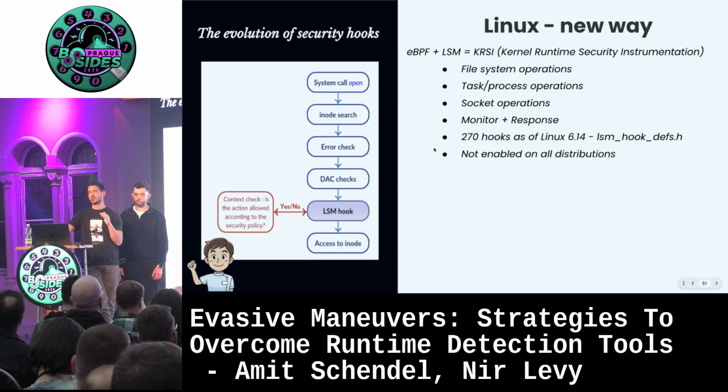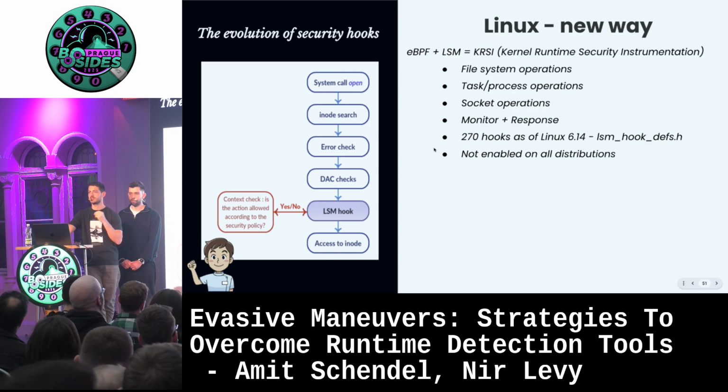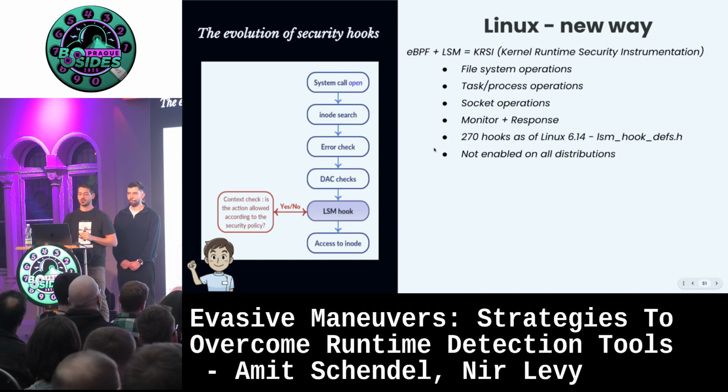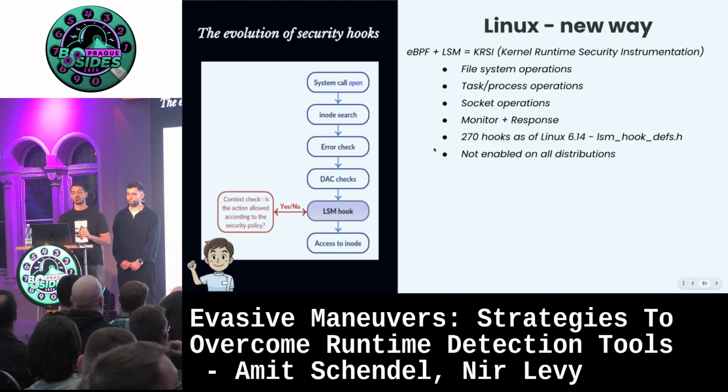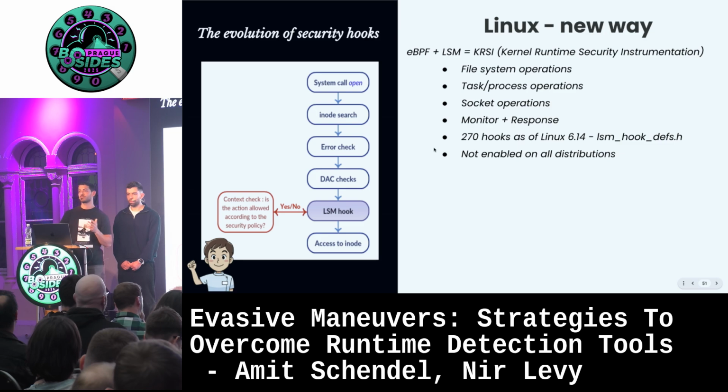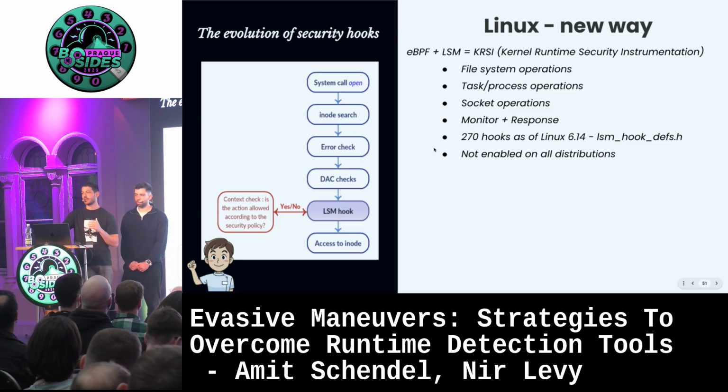So I think the most important thing is that vendors need to understand that placing hooks is not a universal solution, right? We need to actually see what are the vulnerabilities in those hooks. And with LSM, it's pretty interesting. Now the problem is it's not a universal solution because, first of all, it's only enabled on the newest Linux versions. And moreover, for some reason, a lot of the Linux distributions are having a hard time adopting this mechanism.